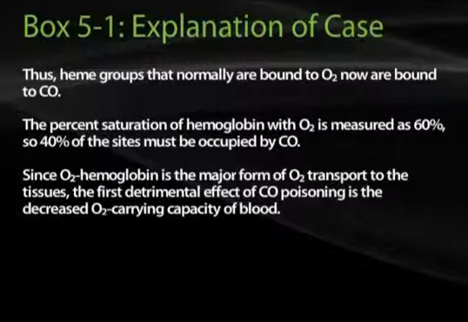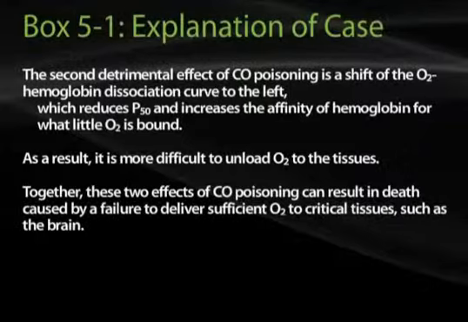Since oxyhemoglobin is the main way we transport oxygen to the peripheral tissues, this has a detrimental effect on the oxygen carrying capacity of the blood. The second detrimental effect of carbon monoxide poisoning is to shift the oxygen-hemoglobin dissociation curve to the left, reducing the P50, increasing the affinity of hemoglobin for what little oxygen is bound.